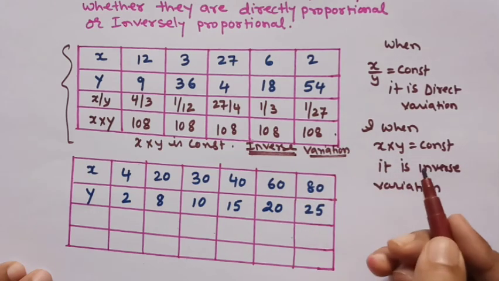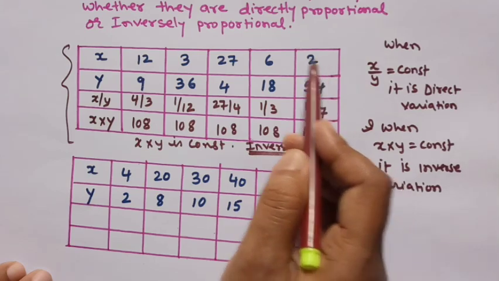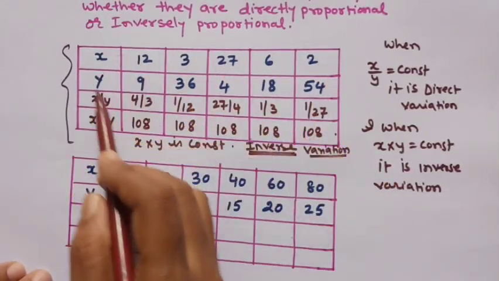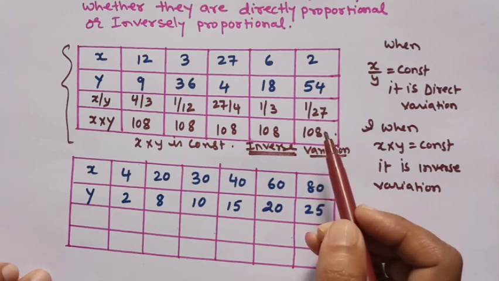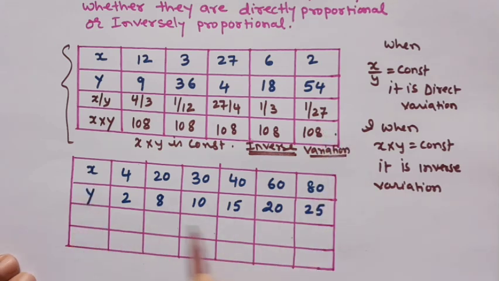So children, here we have identified in this particular table that x and y vary inversely with one another. Now let us go to the next table.